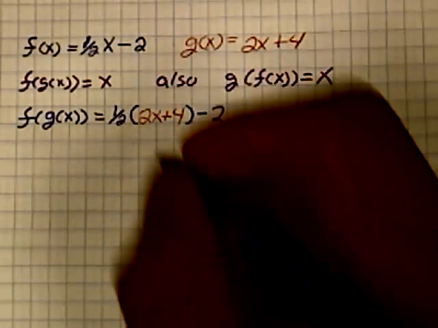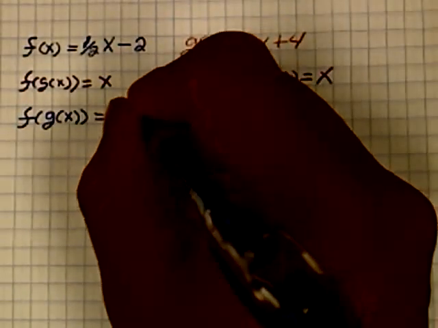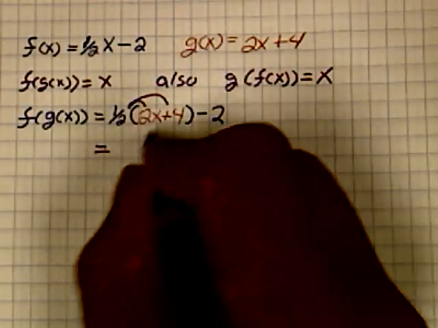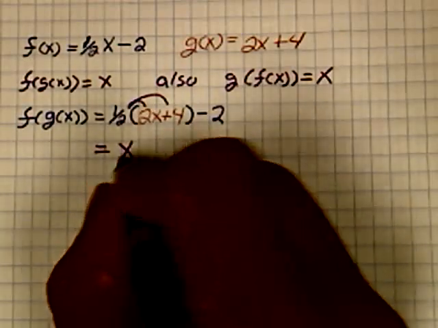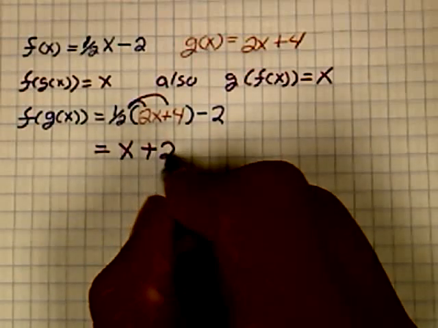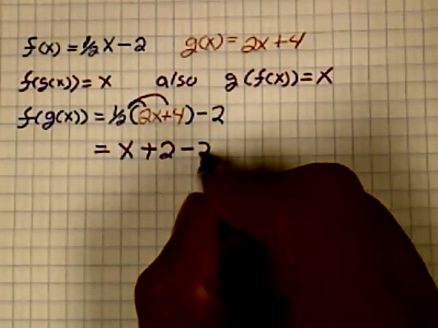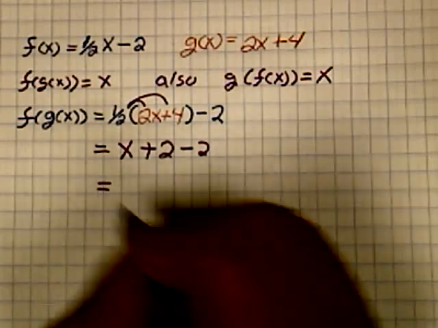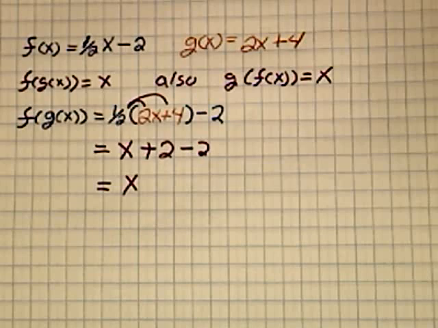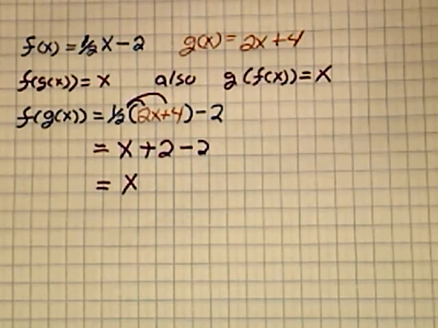Now I will use the distributive property and multiply my 1/2 through, giving me 1/2 times 2x and 1/2 times 4. I still have the negative 2 in the back. Combining like terms, I get the composition f of g of x equals x.